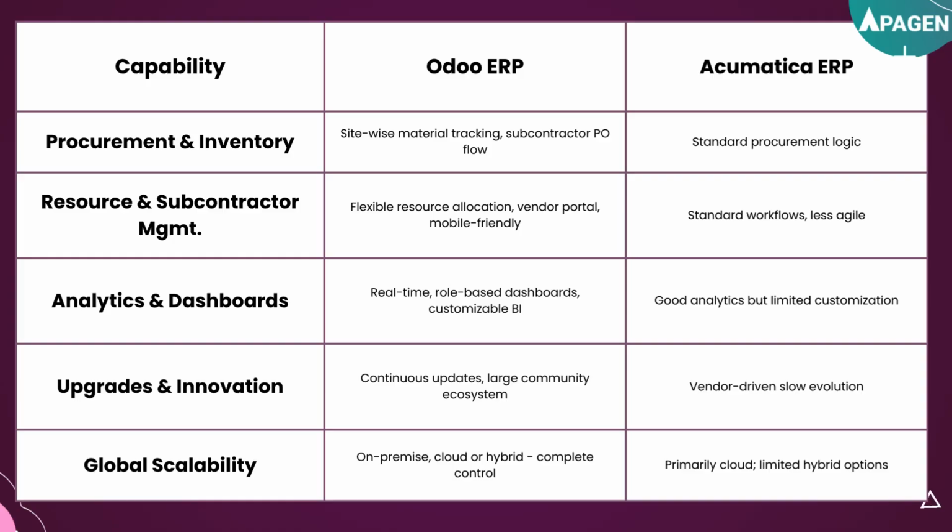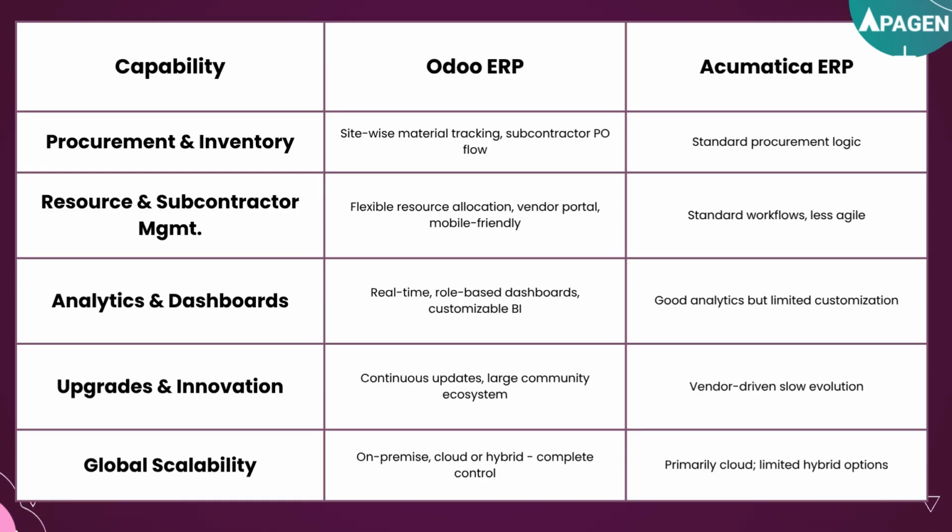Coming to upgrades and innovation, the EPC industry always requires agile response to operational changes. For this, Odoo has continuous updates available. It has a large community ecosystem, while Acumatica is vendor driven and has a slow evolution.